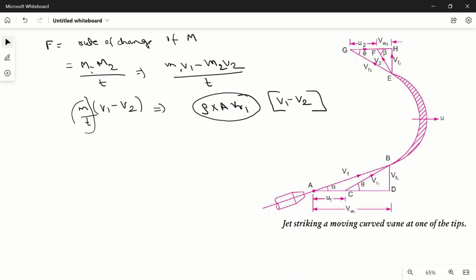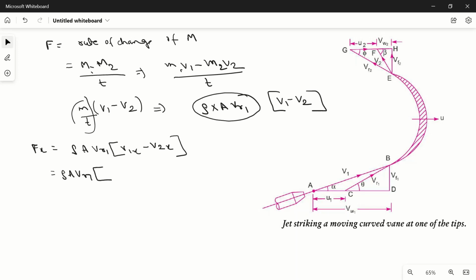Now if we have to find out the force exerted in the horizontal direction, then we can write Fx is equal to rho a VR1 in bracket V1x minus V2x.